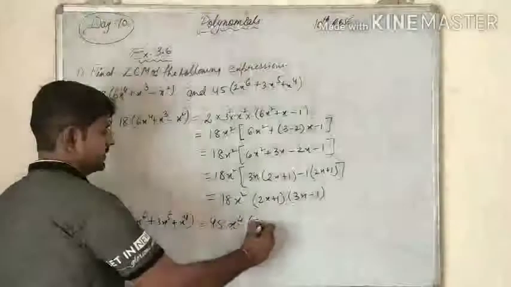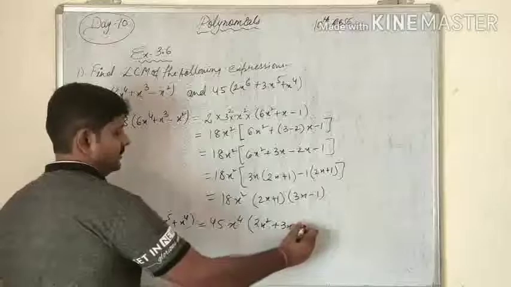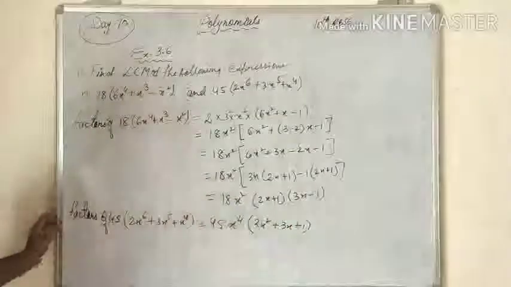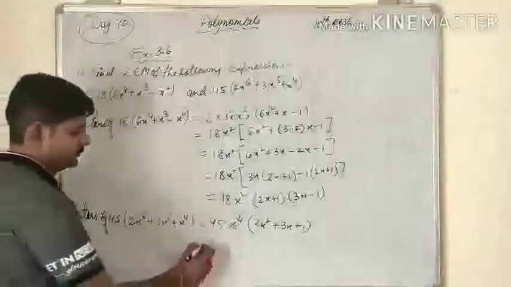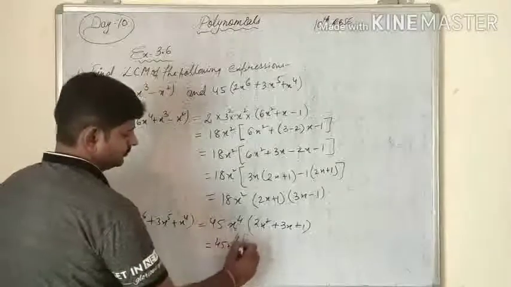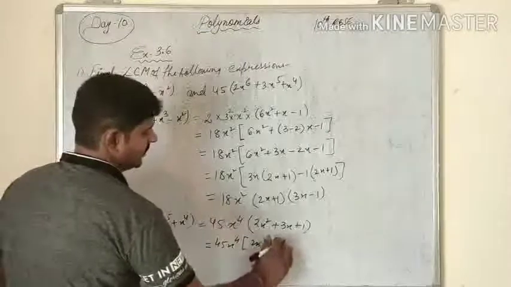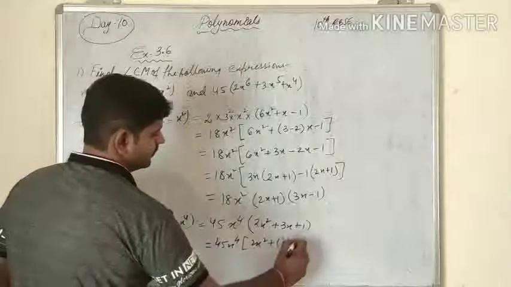There is 2x square plus 3x plus 1 left. We need 2, so 2 ones are 2. So in the place of 3 we will write 2 plus 1.